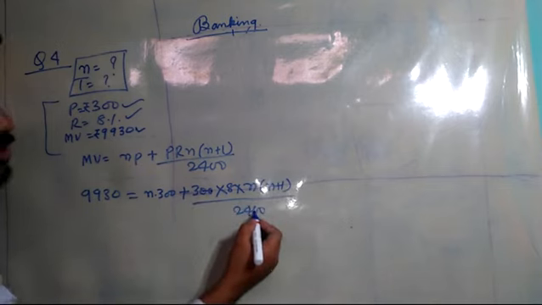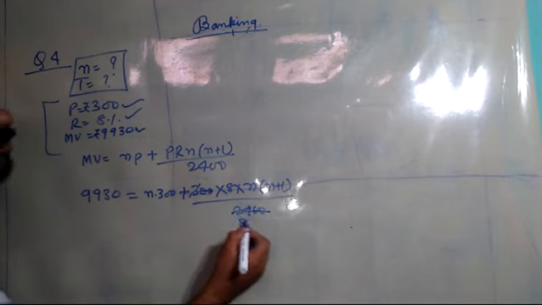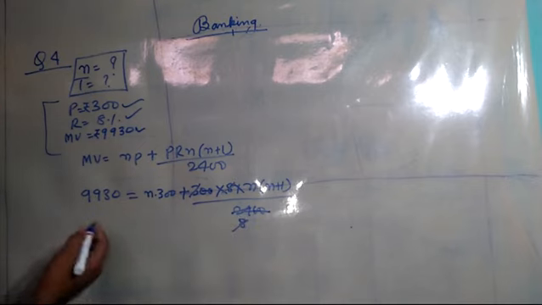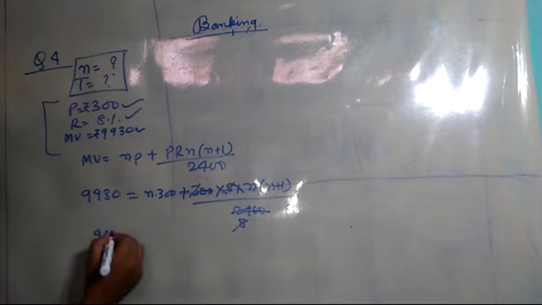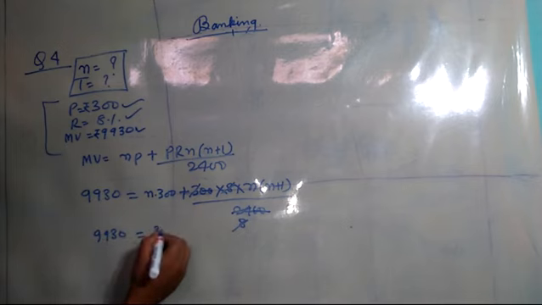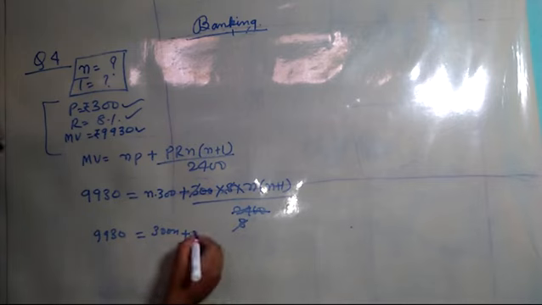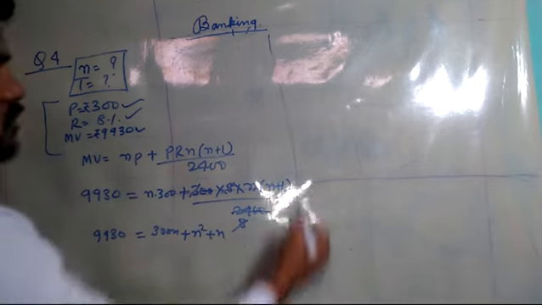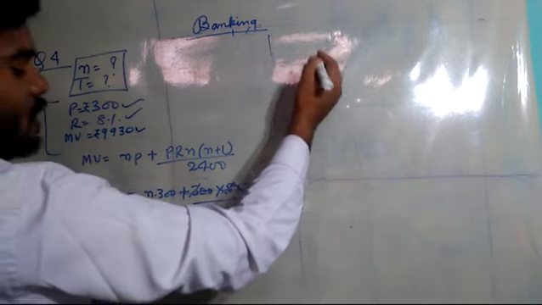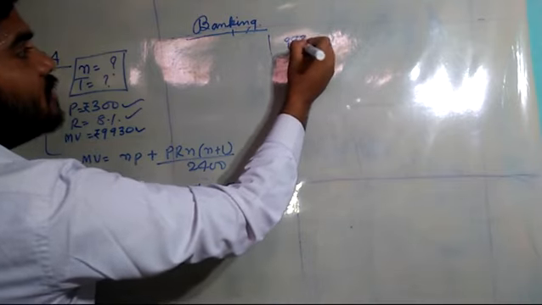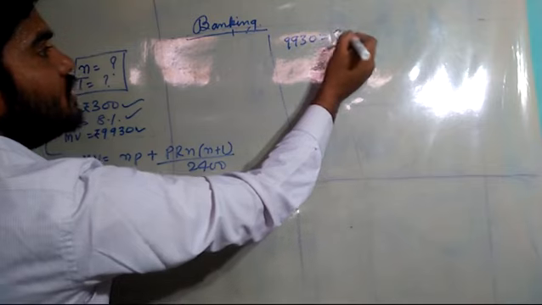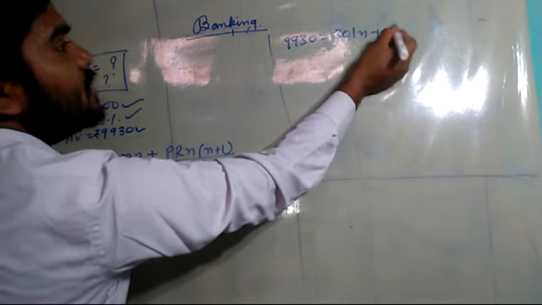So 2 zeros cancel, 3 8s are 24, 8 8 cancel. Now here you are having 9930 is equal to 300N plus N into N is N square plus N. Correct? Now if you solve this one, you will get 9930 is equal to 301N plus N square.